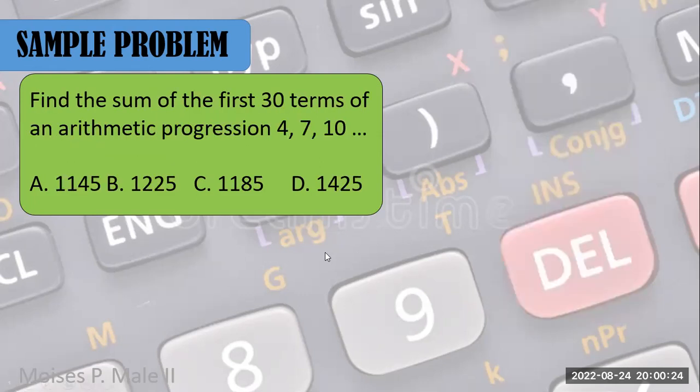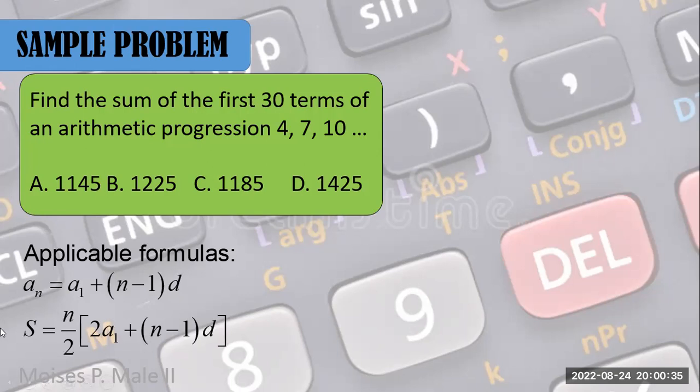How about this one? Find the sum of the first 30 terms of the arithmetic progression. Okay? So, sa sum, ano ba applicable formula ng sum? Ito.